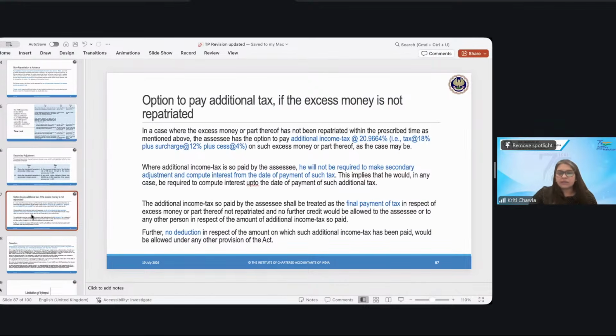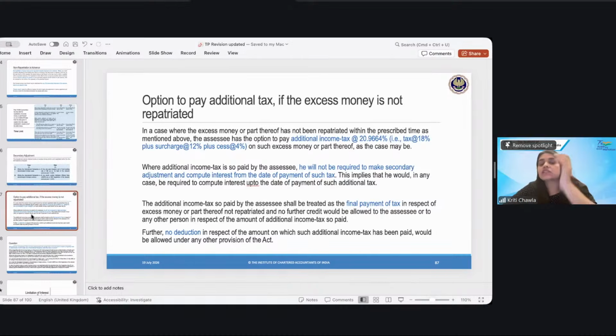Where the additional income tax is so paid by the assessee, then they will not be required to make secondary adjustment and compute interest from the date of payment of such tax. And this implies that he would in any case be required to compute interest up to the date of payment of such additional tax. But then this will be like the final thing ever.